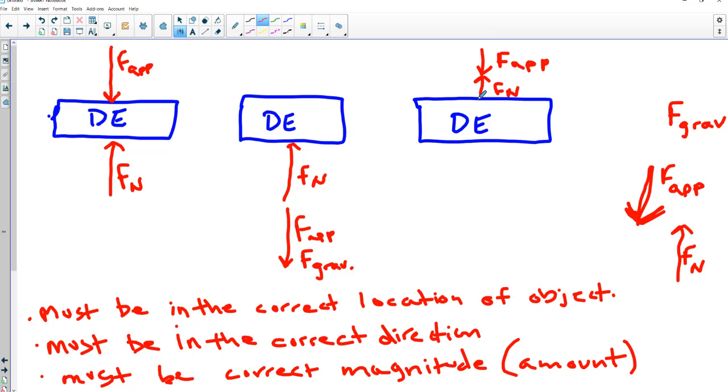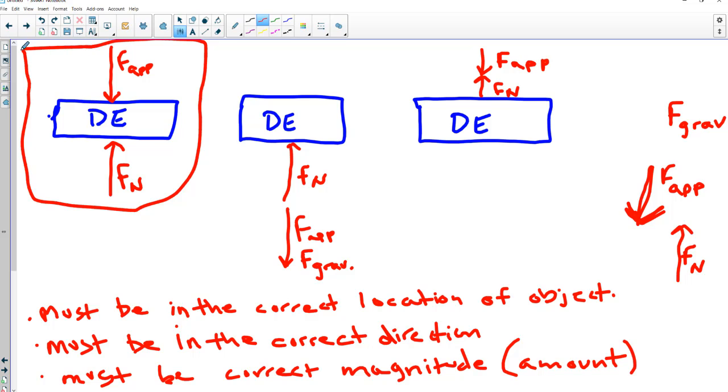So my arrow is going in the correct direction, it's labeled on the correct area of the book, the middle, and it's the correct length. So any of those three would be correct. I find this one to be the best one. I think it is the most intuitive, meaning it's the easiest to picture when we talk about this. Hey, something's pushing down on the book and something's pushing up on the middle of the book. So I think labeling it that way is the best alternative.